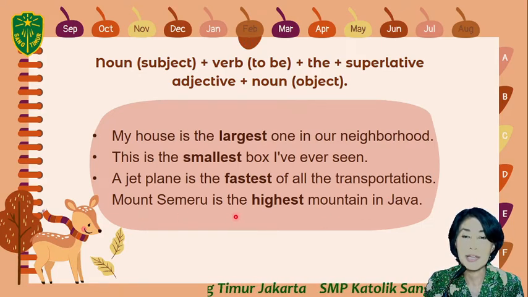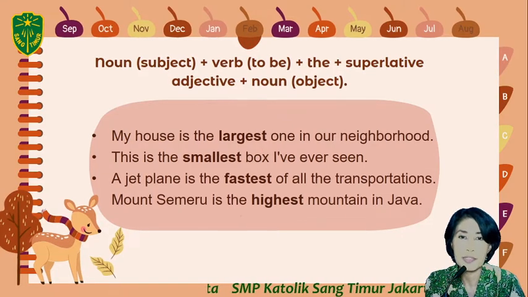Mount Semeru is the highest mountain in Java. So when we say, my house is the largest one in our neighborhood, we use the because there is only one largest house in the neighborhood. So there is no more larger house.